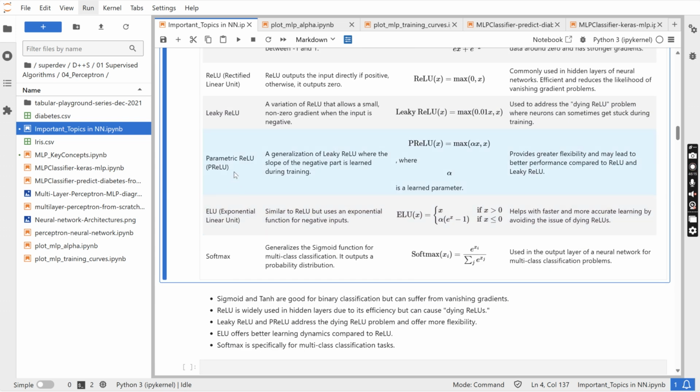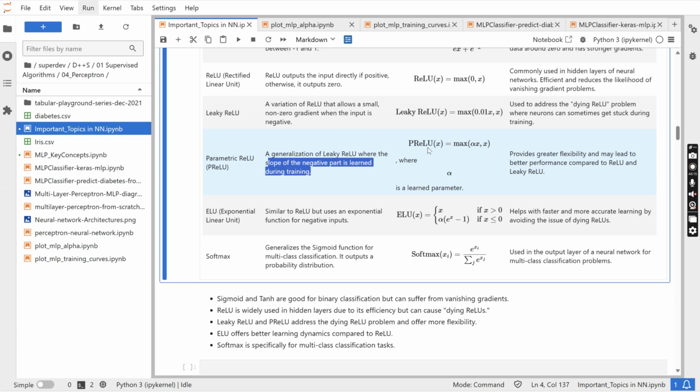Next, we have a variation of ReLU called parametric ReLU. Here, it generalizes the leaky ReLU. Basically, the slope, your m values or your weights as we call them, for the negative part is generalized, so it learns them better.